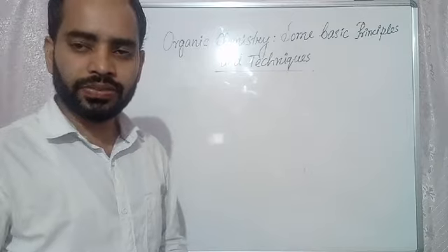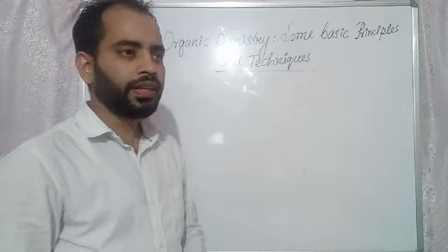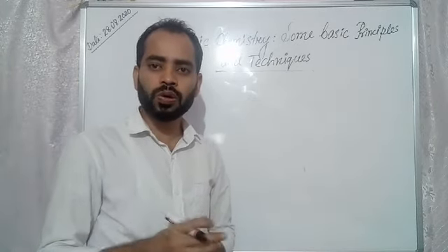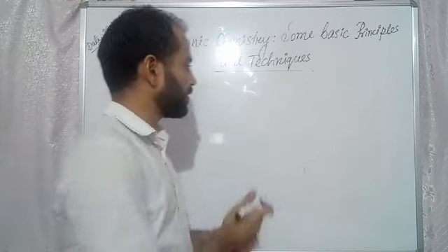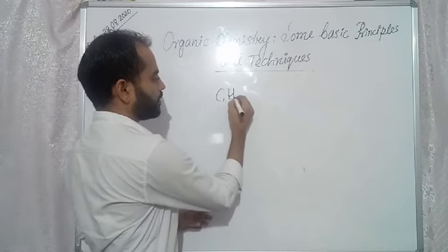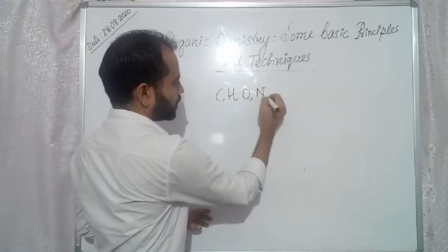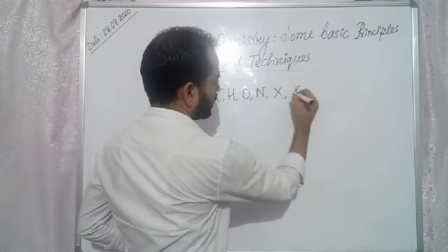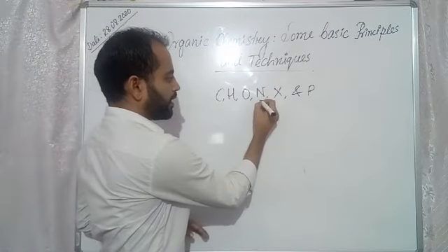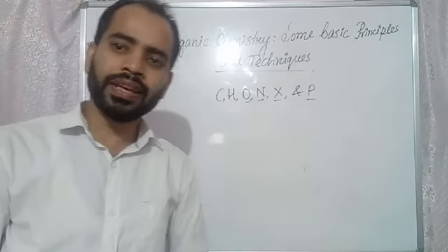This is the basic definition, and in another way we can also define organic chemistry. This is the branch of chemistry which deals with the study of those compounds which are made up of what? Carbon, hydrogen, oxygen, nitrogen, halogen and phosphorus. Actually, this nitrogen, halogen, phosphorus, oxygen all are inorganic elements.